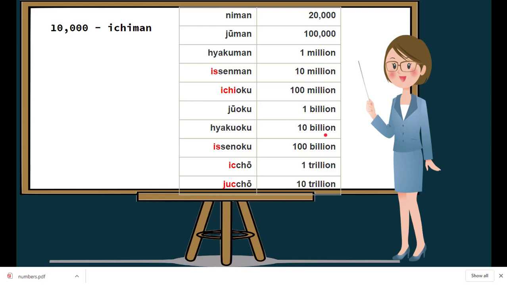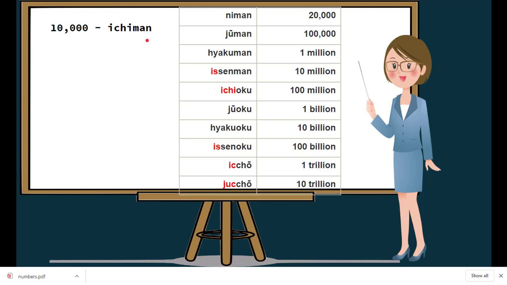For 10 billion, it's hyakuoku. For 100 billion, it's issenoku. For 1 trillion, it's icchō. And for 10 trillion, it's jucchō.